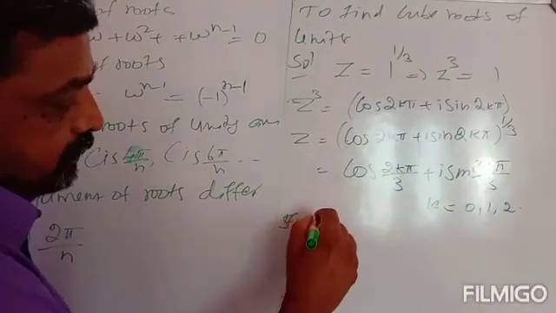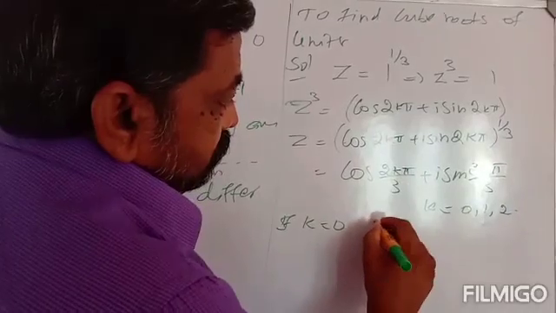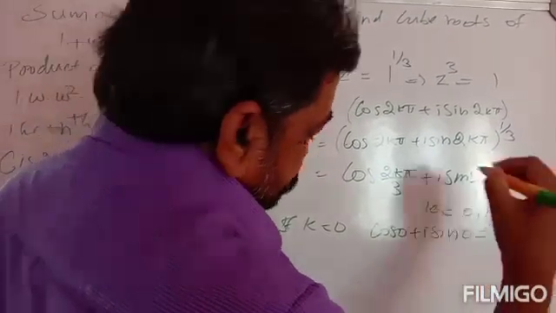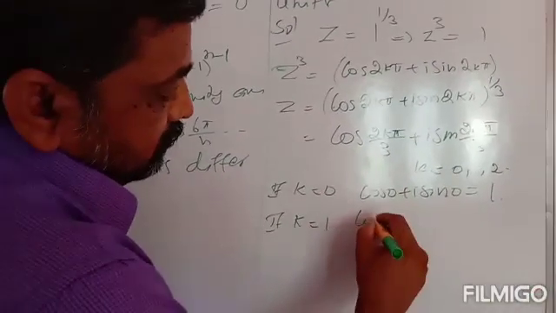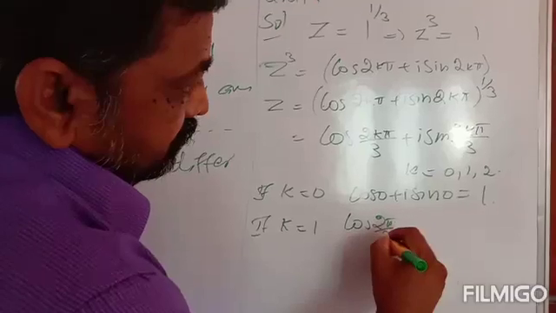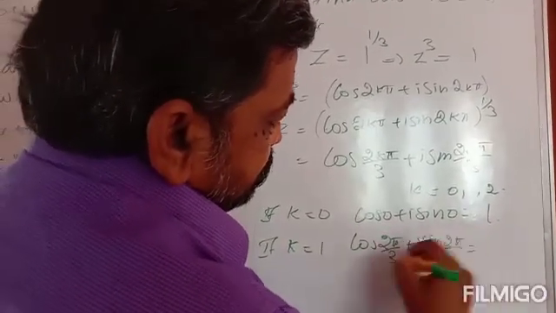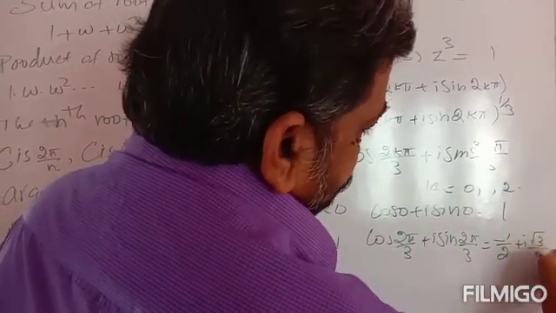If k is equal to 0, then we get cos 0 plus I sin 0, that is equal to 1. If k is equal to 1, cos 2 pi by 3 plus I sin 2 pi by 3, that is equal to minus 1 by 2 plus I root 3 by 2.